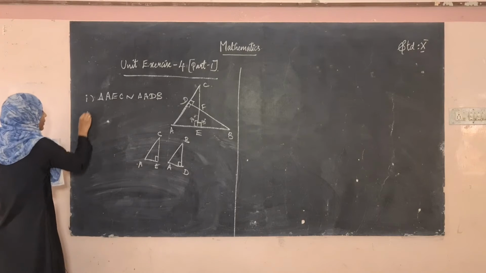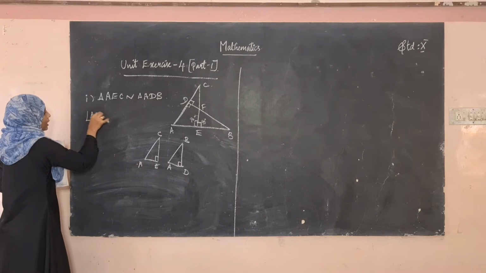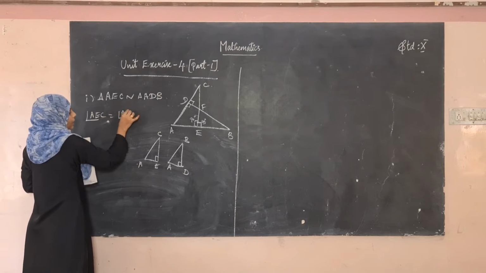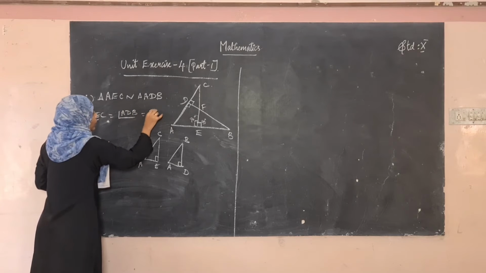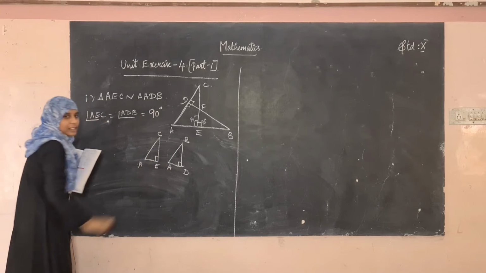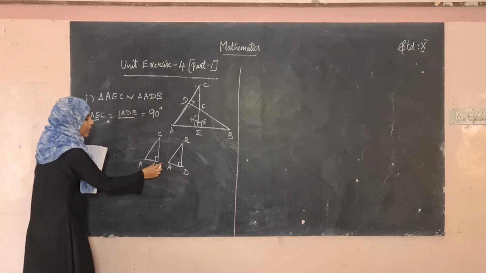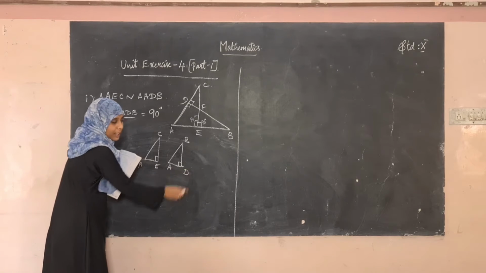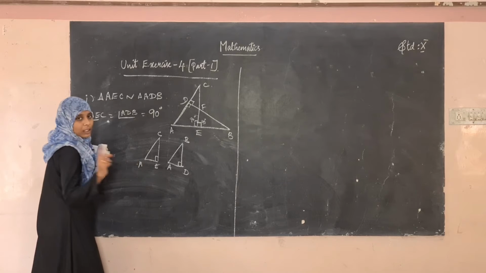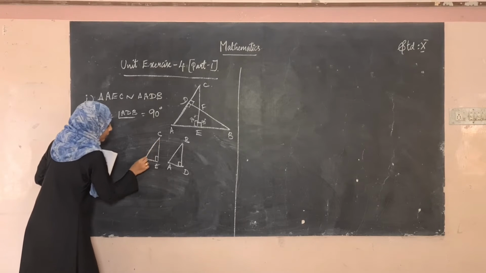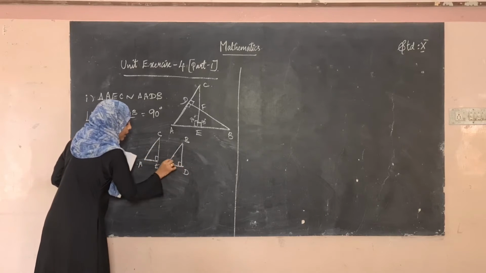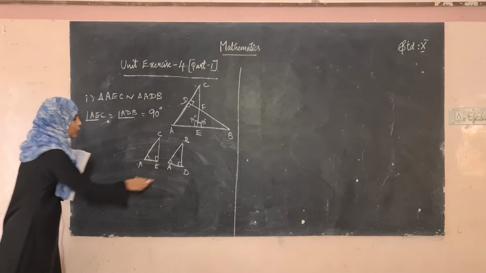From this what can we say? Angle AEC is equal to angle ADB is equal to 90 degrees. That is, both the angles are the same. This is also a right angle and this is also a right angle. Their angles are 90 degrees. And see here we have a common angle. See here angle A and here is also angle A. These two angles are common for these two triangles, right?